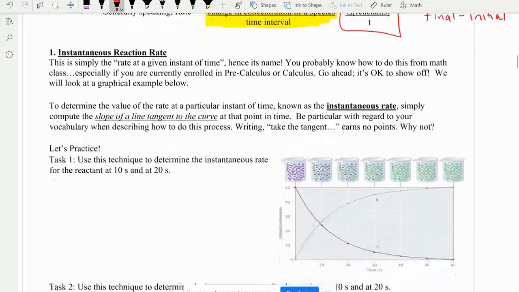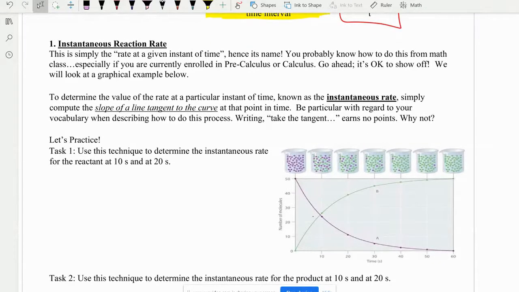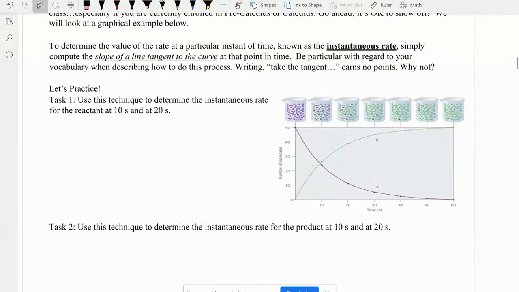If we do an example here in our notes, instantaneous reaction rate is simply put the rate at a very given instant of time, which is kind of why it's named that. If you've had pre-calc or calculus, you know how to do this. It's okay to show off. Let's do a quick example here. You're going to need to have some graphical information in front of you to do this.